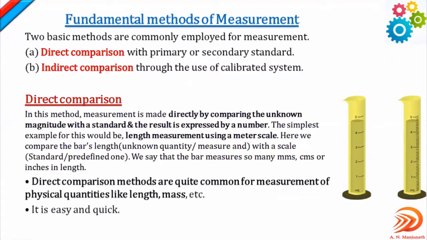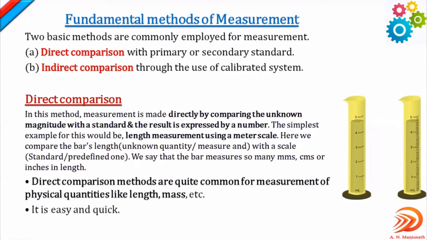There are two common methods involved: one is direct comparison, another is indirect comparison. That is direct measurement and indirect measurement. For direct measurement, it is with respect to the standard, primary standard or secondary standard, that is involved for doing the direct comparison.